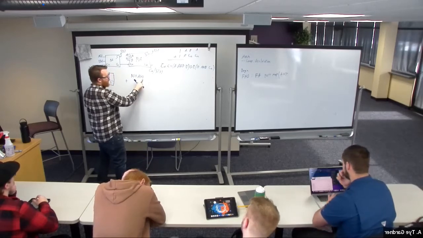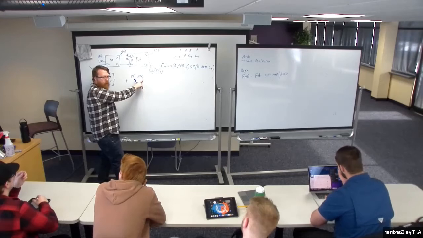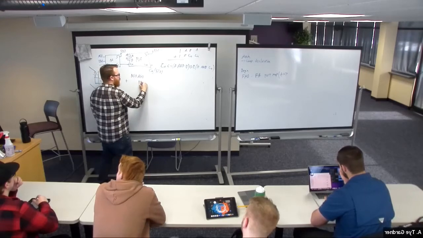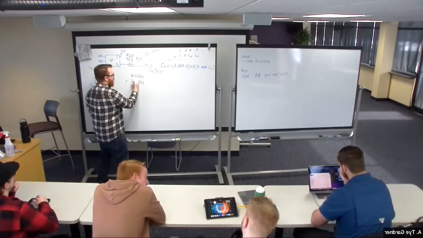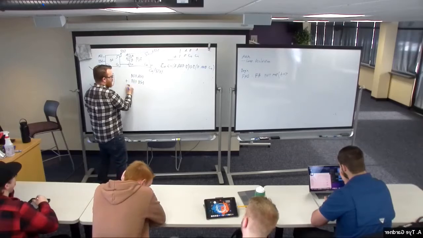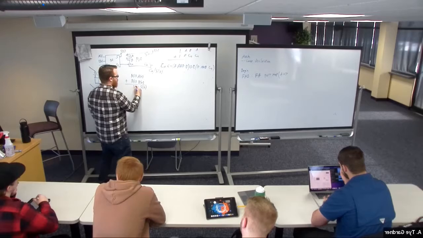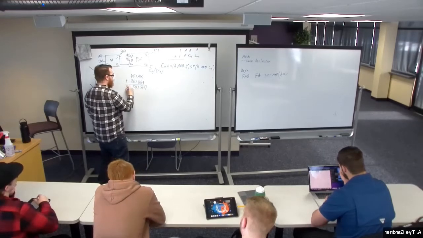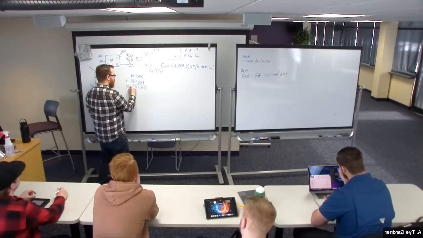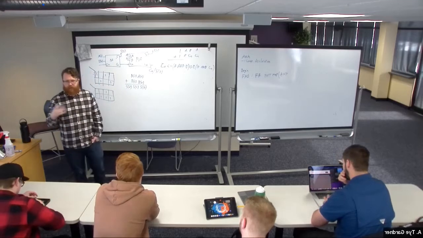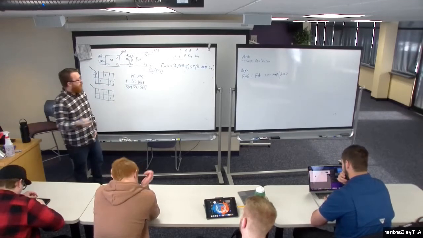So I have A, which is a vector of 2 bits, plus B, which is a vector of 2 bits, that gets a sum of 3 bits, because I can potentially have a carry out.